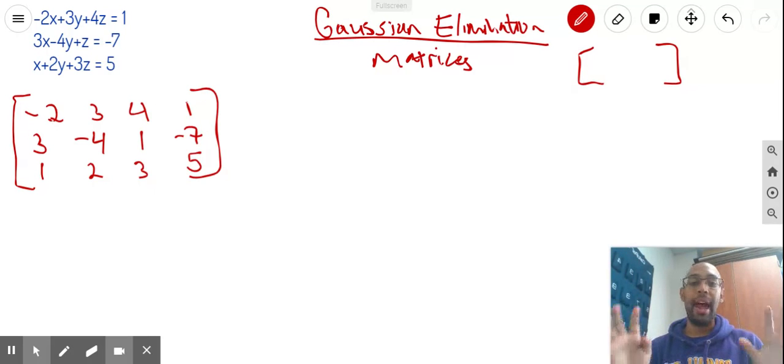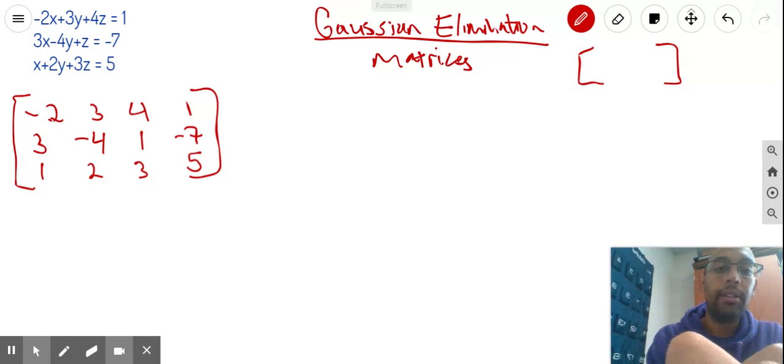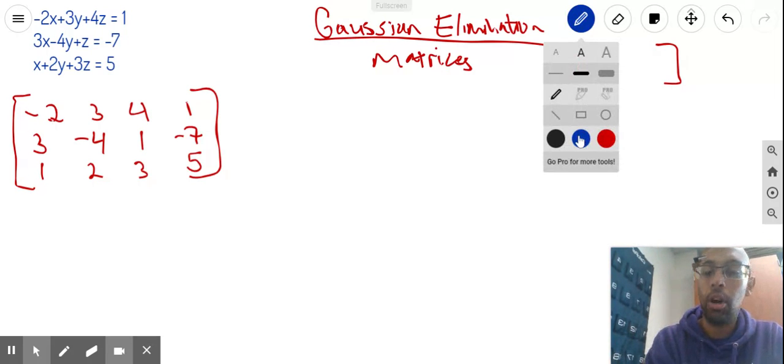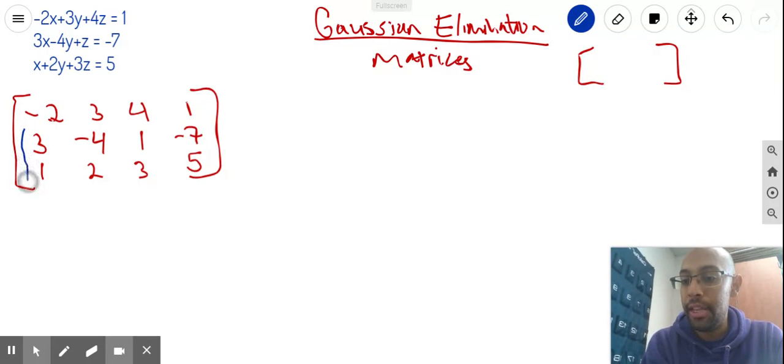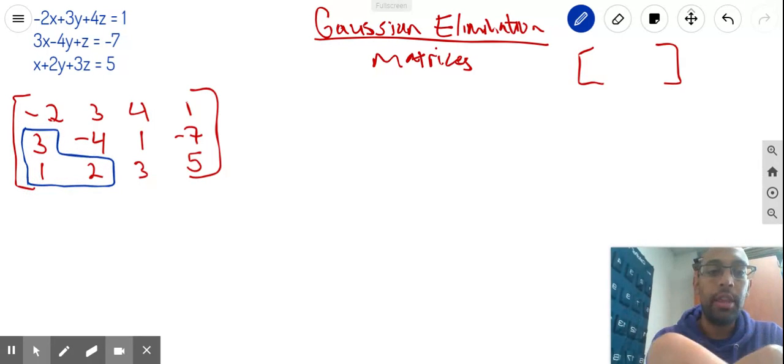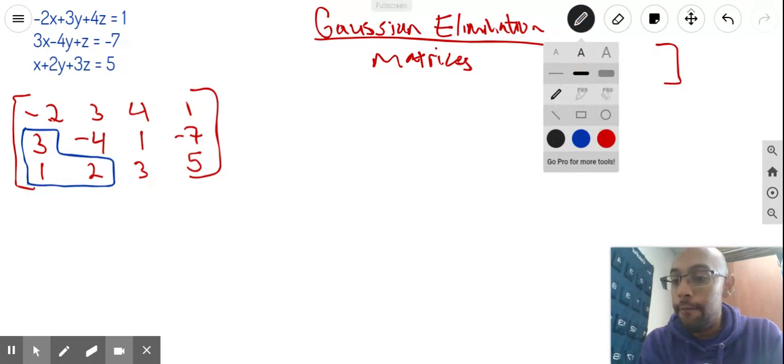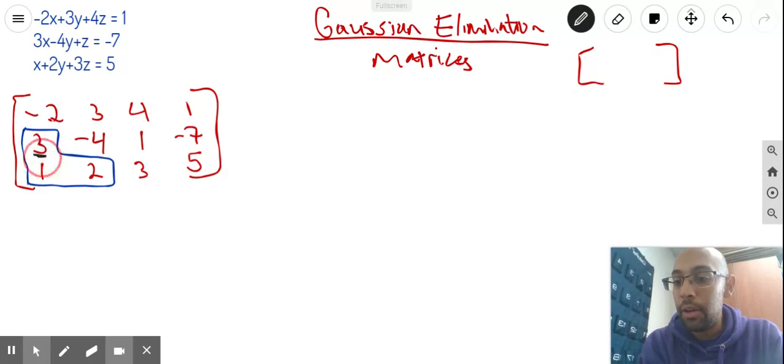All right, now that we have created the matrix, what do we need to look for? Here is where we're going to be targeting these 3 locations: the first spot of the second row, the first spot of the third row, and the second spot of the third row.